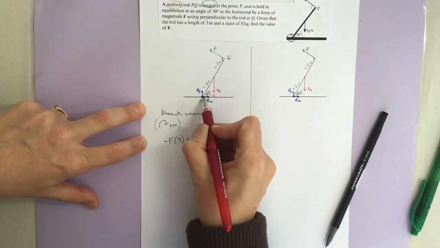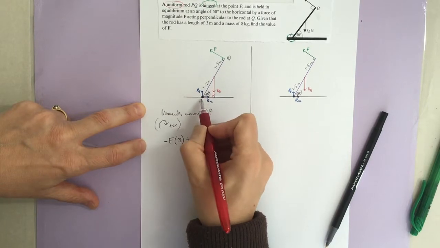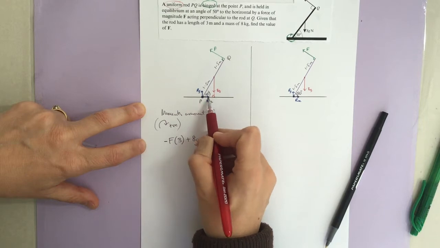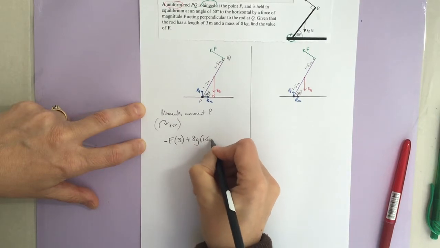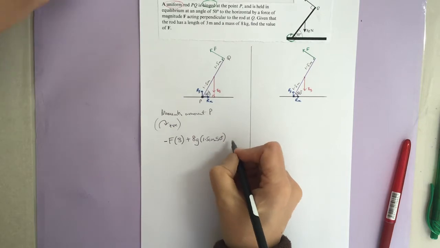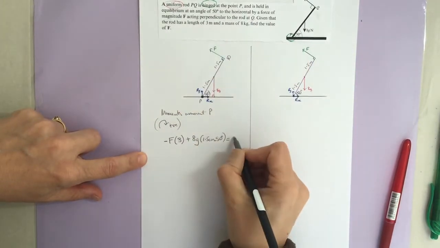So this is the distance that I want here. And this distance, if we look in this right angle triangle from the work that we did in that last example as well, is going to be adjacent to this angle, so 1.5 cos 50. Okay, and it tells us it's in equilibrium, so that must be equal to 0.